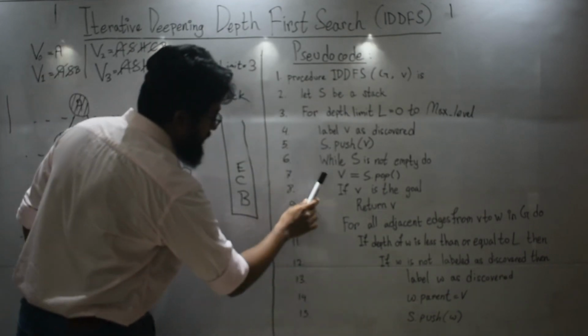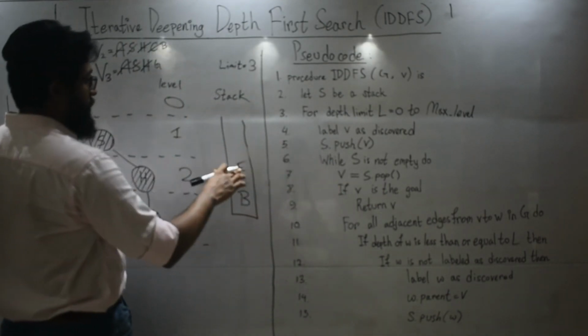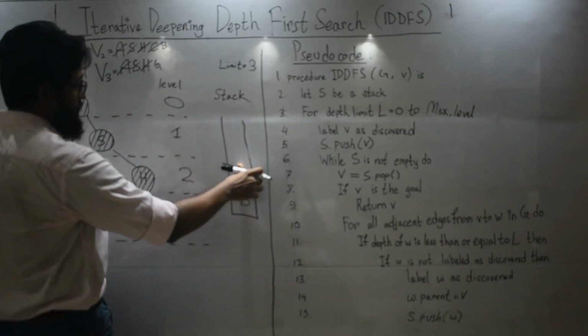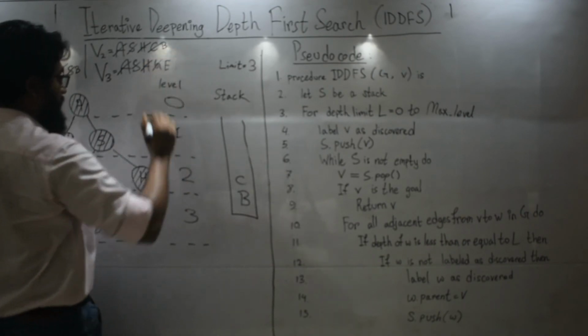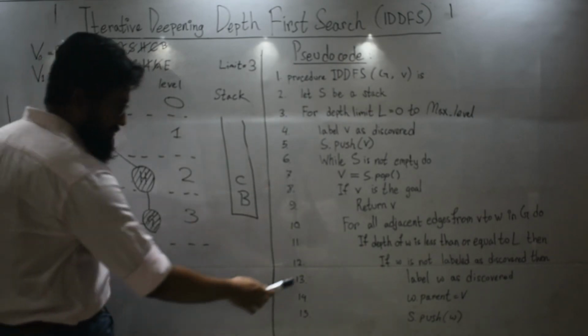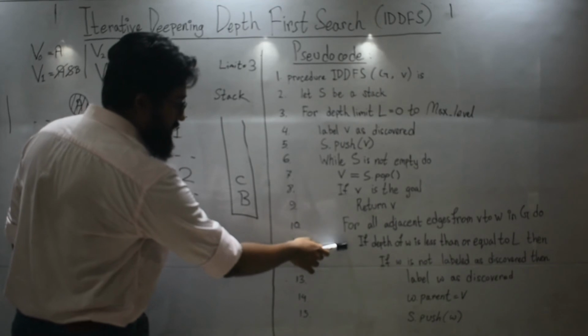Now we will again come back to line number 7. So we will pop whatever is on top of my stack. This time it's E. So let's pop. Place it here. In case of E, let's come over here and see.